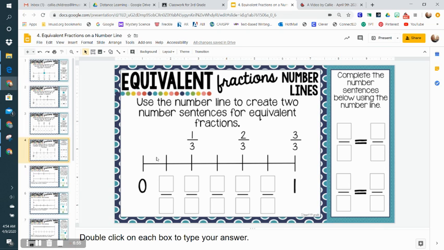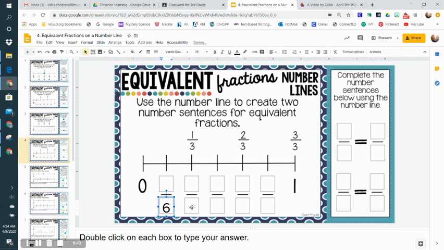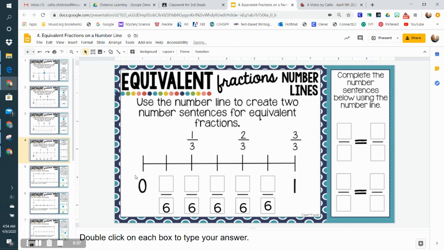So here's one piece, 2, 3, 4, 5, 6. So then my denominators on here are all going to be 6. It's 6, 6, 6, 6, 6, 6. Because my number line has been broken up into sixths.